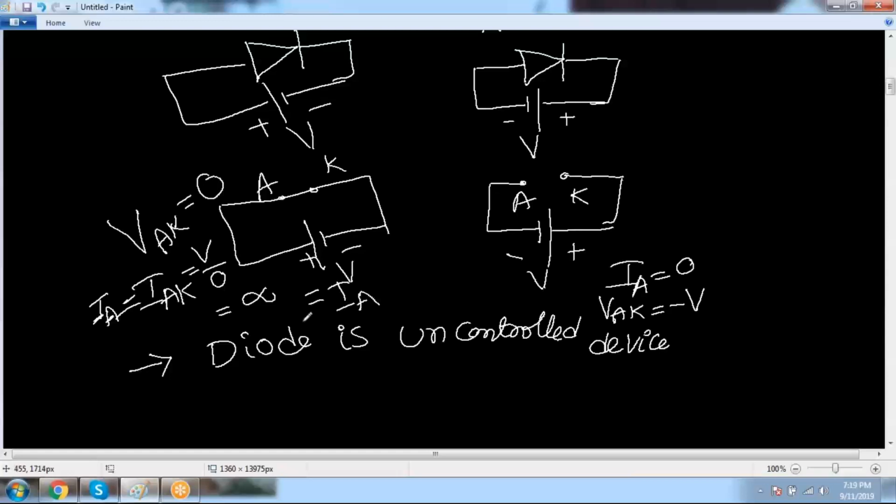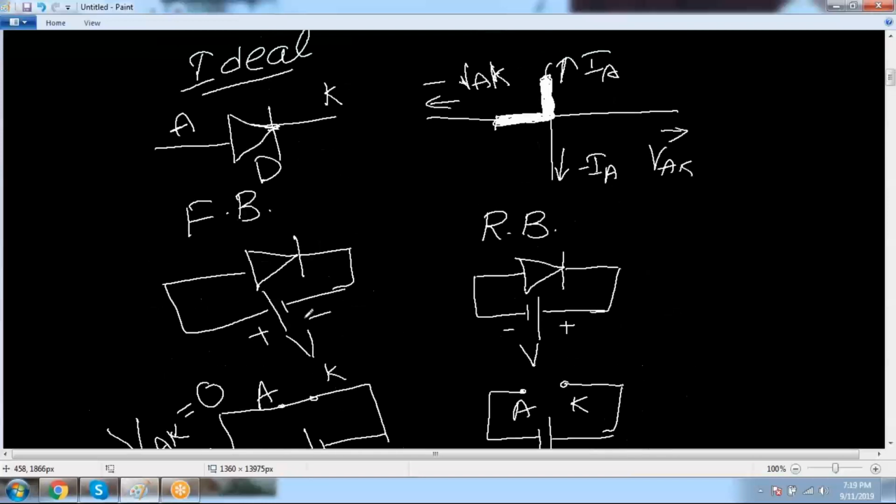Now, any power electronic device can be operated only as a switch, so it is a switching operation. According to the switching operation, not only the diode, any device.